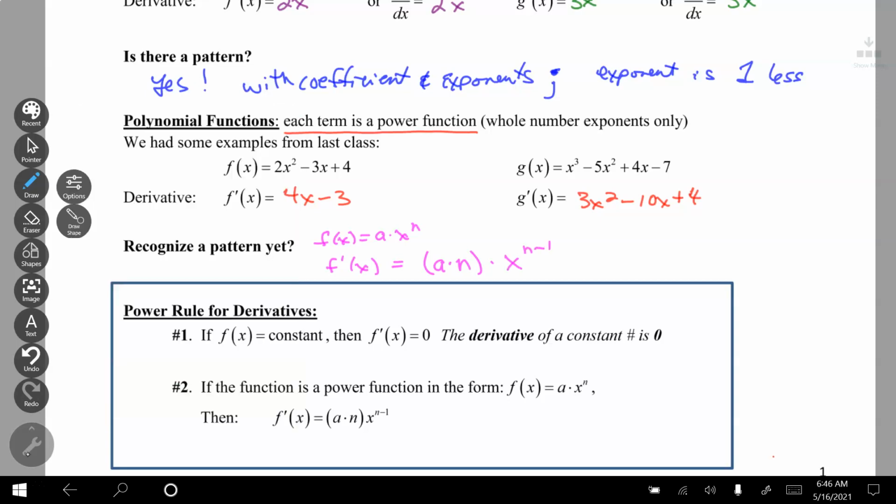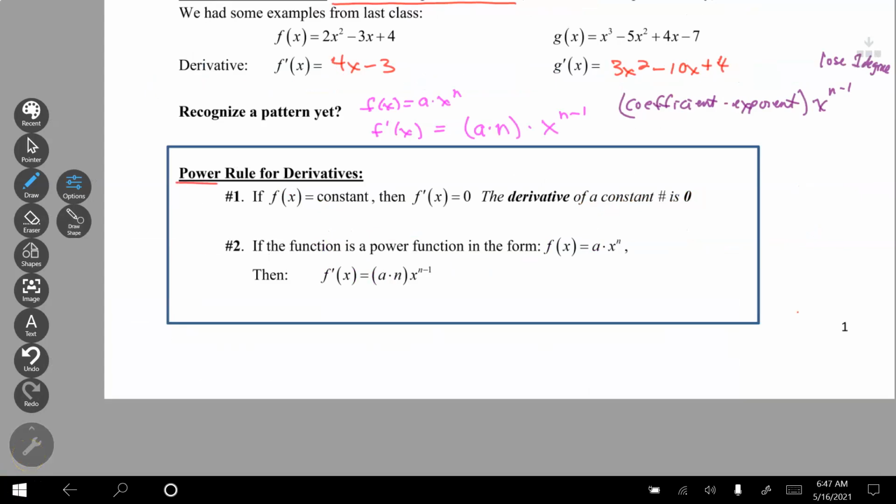So what we're doing here is coefficient times exponent, and then times x to the n minus 1, or we lose 1 degree on the exponent. It's not really that hard. All you've got to do is multiply the coefficient and exponent, very easy, and subtract 1 from the exponent. So this is called the power rule, or I call it the shortcut rule.